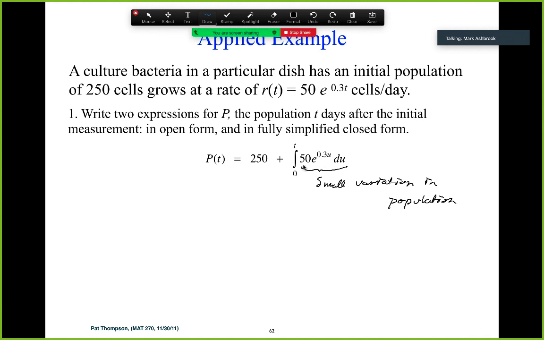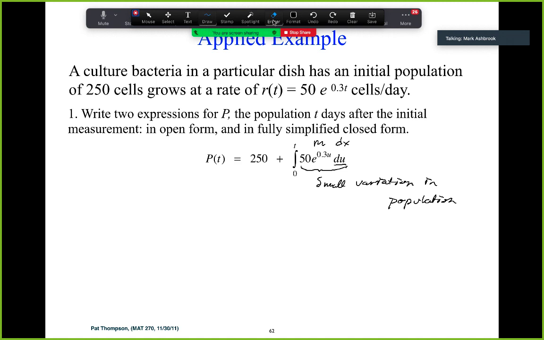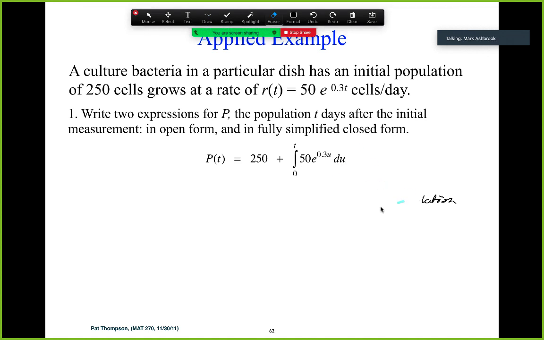You're accumulating rate times change in independent variable, which together, that's our m dx. That's a small variation in the quantity. We accumulate small variations in the quantity to find out what the quantity is. So that's just a side note there. Watch out for saying I'm accumulating the rate of change. You're not. You're accumulating variations in the quantity that are found by rate times dx, in this case dt.